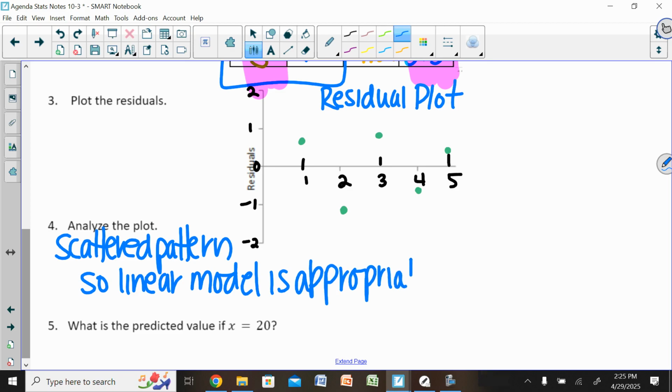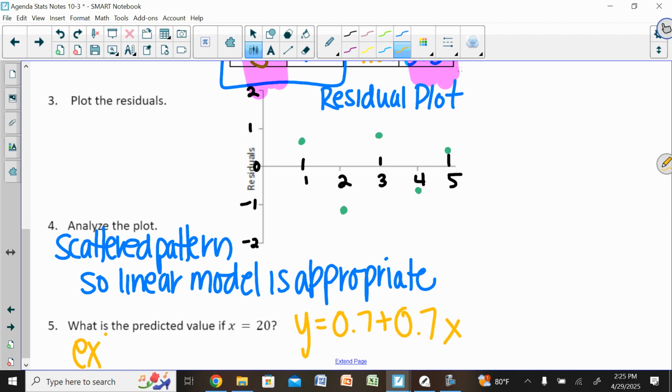I can only find a residual if it's an actual piece of data, right? I can't do something that I don't have an actual piece of data for. So I have to only stick to the data that's given to me that I've collected. And then obviously, if I'm going to find my predicted value using y equals 0.7 plus 0.7x, going back to the last section, a little extrapolation again, I could find the predicted value.